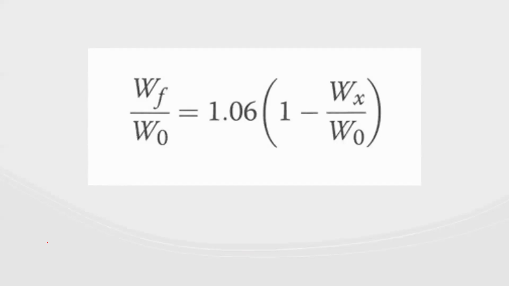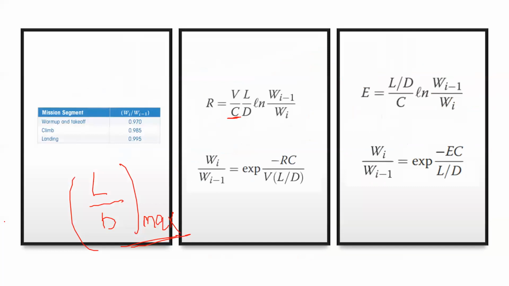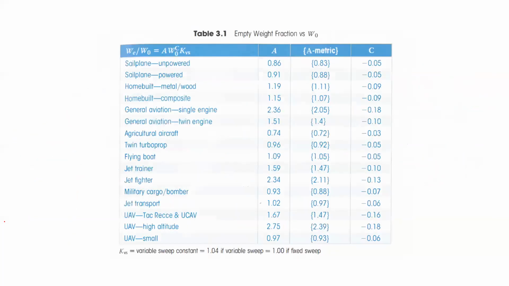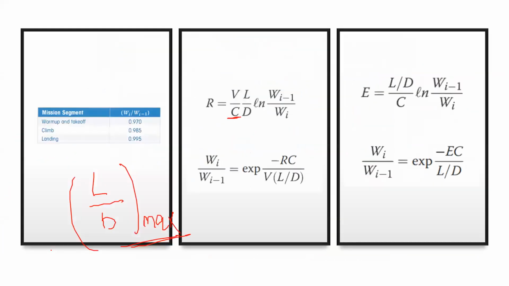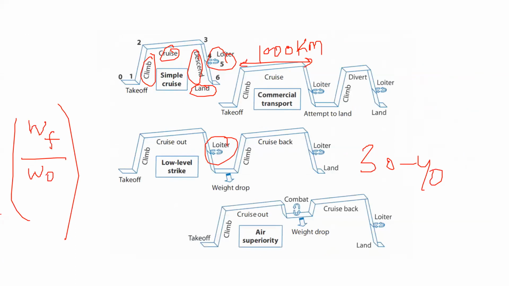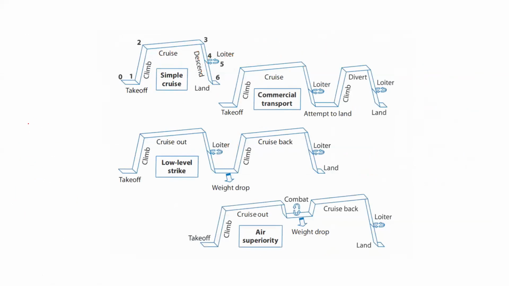Now, once you are able to compute all the ratios for these missions, in this slide I want to tell you, let's look at it. We were saying something like Wi minus W divided by W, something like that.